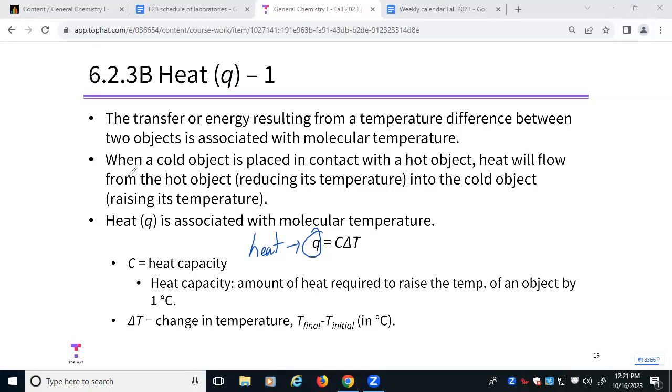Which coffee cup had more heat in it? Which one had more thermal energy? The small one or the large one? The large one. Yeah, the large one has more heat, has more thermal energy because there's more of those hot coffee molecules compared to the smaller one.